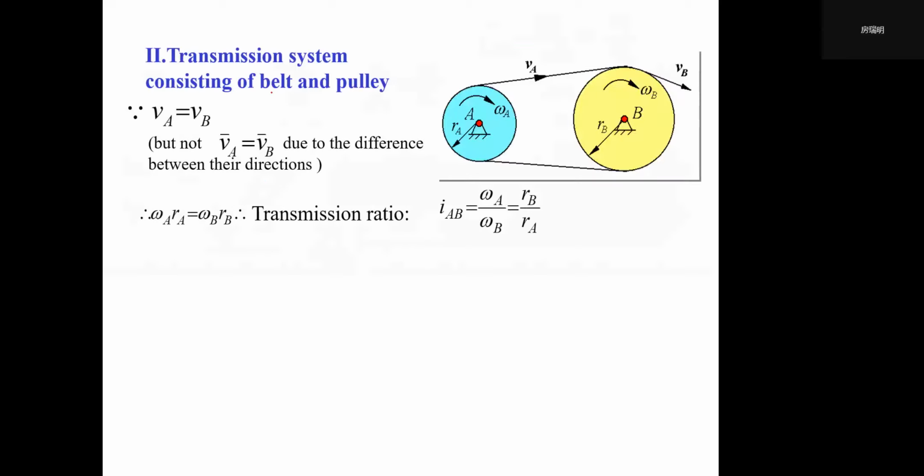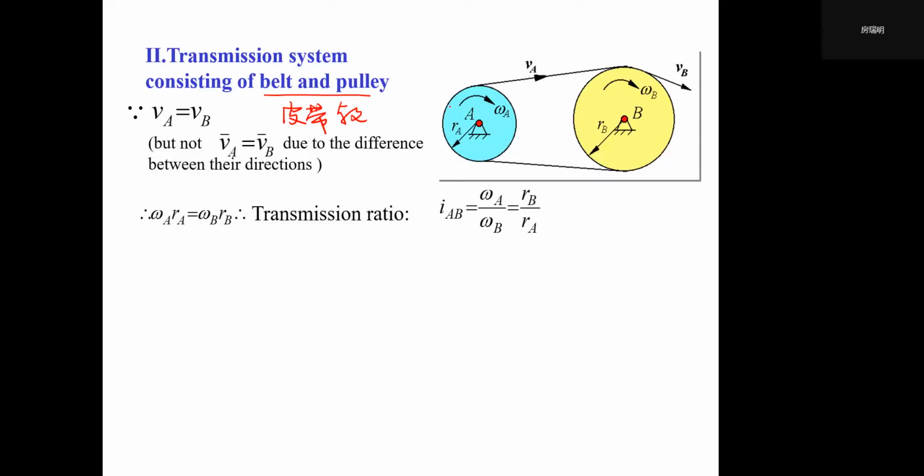There is another transmission system consisting of a belt and pulley. We call that 皮带轮, you know? 皮带 means belt. You can look at this figure. When we use this kind of belt and pulley mechanism, we try to make the length of AB large enough to have enough pressure between the belt and the pulley.